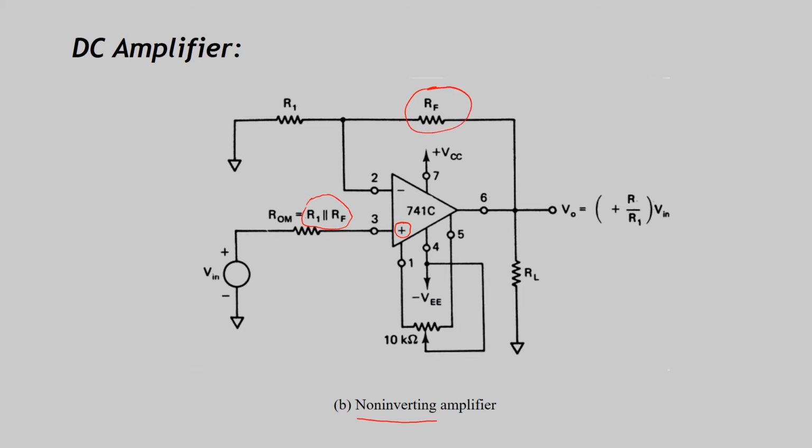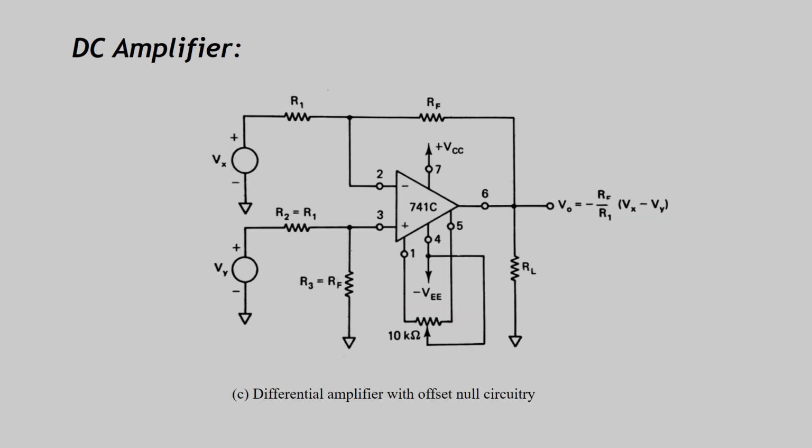So here the V0 is 1 plus RF by R1 into Vin. This we have already done for the non-inverting amplifier, and this is again the offset minimization circuit, where the VEE is set from pin 1 and 5 of the op amp, which is for offset.